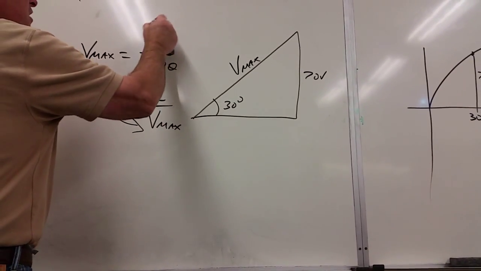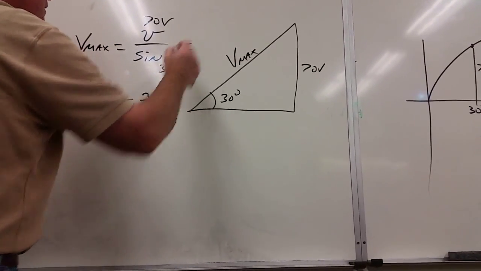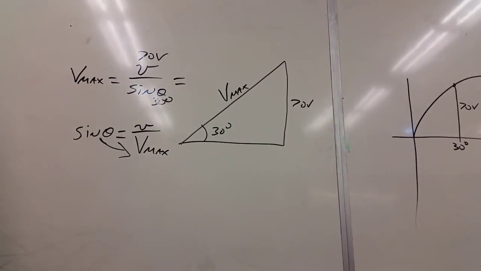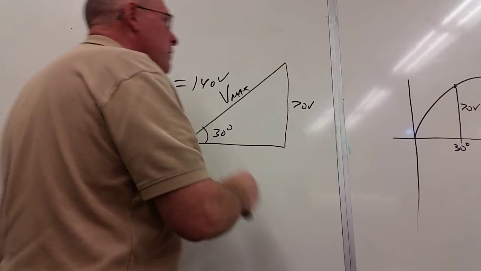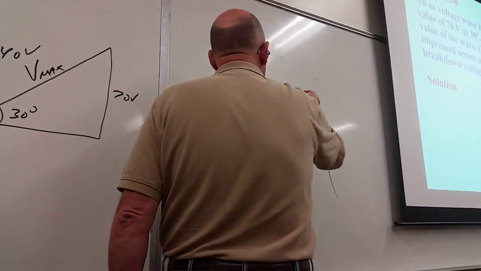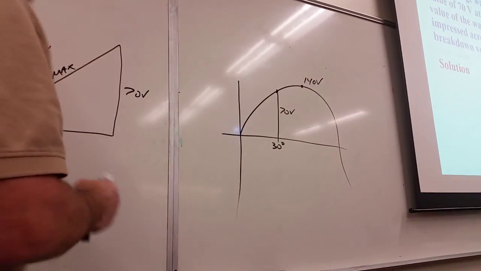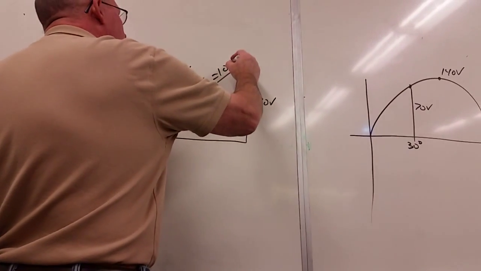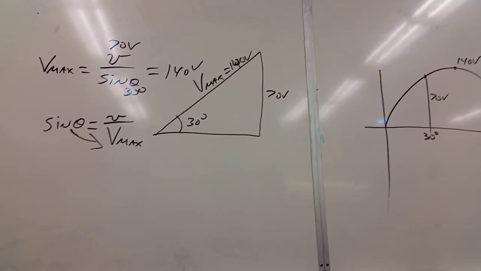And this is 70 volts, and this is 30 degrees. 140 volts. So this is 140 volts right up here, isn't it? Okay? And this is also 140 volts.